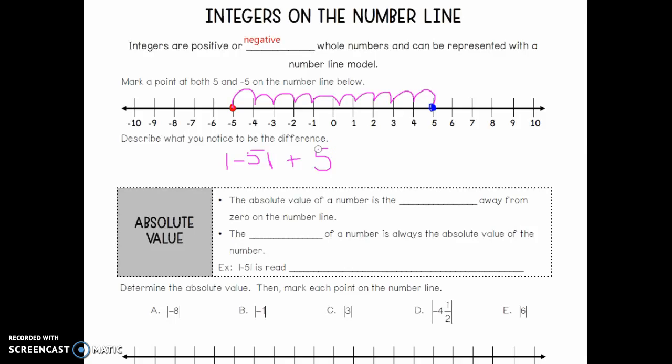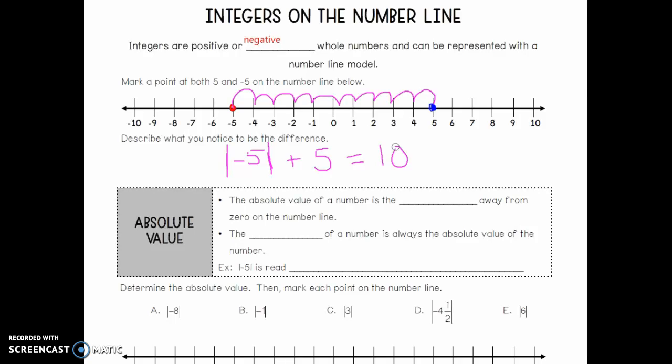So what you're really describing is how far away they are from 0, because that's what absolute value is over here. Let me make this a little bit better. So if this is absolute value of negative 5 being added to the positive 5, that means it's 10 units away.